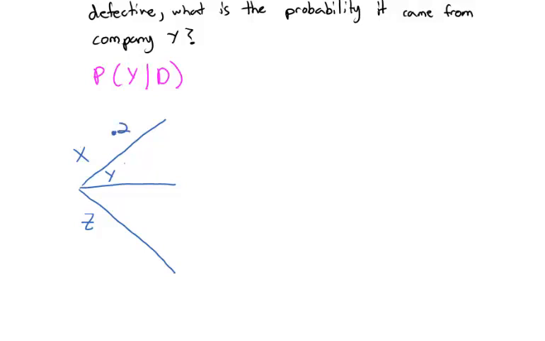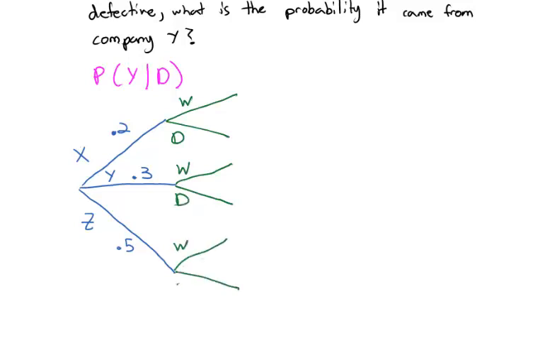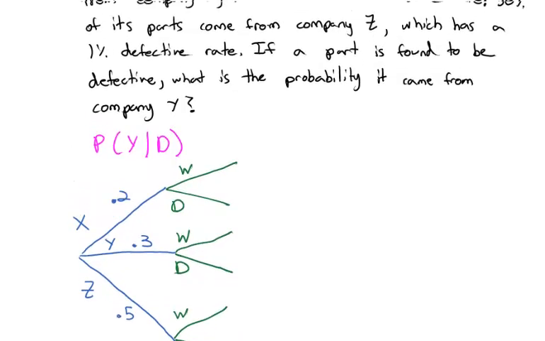So X is 20%, Y is 30%, and Z is 50%. Then, after that, the part either works or it's defective. It either works or it's defective. It either works or it's defective. And that's based on which company it came from.